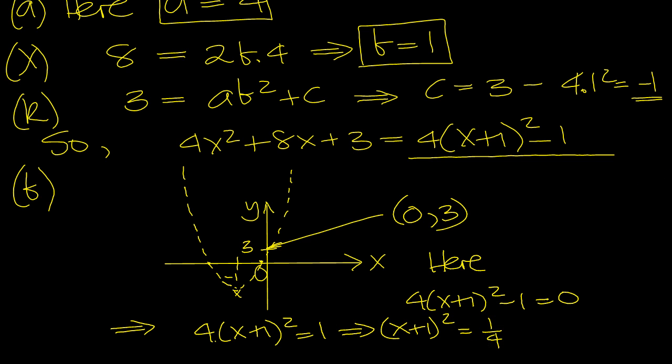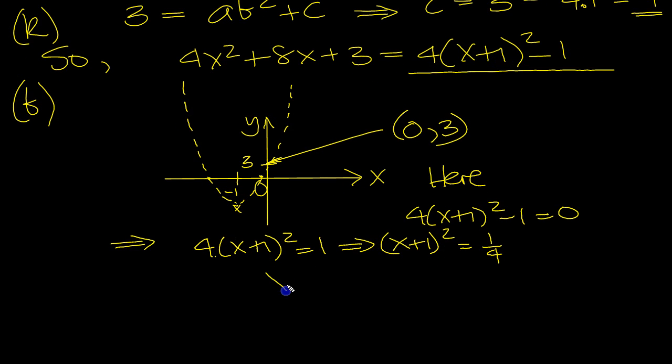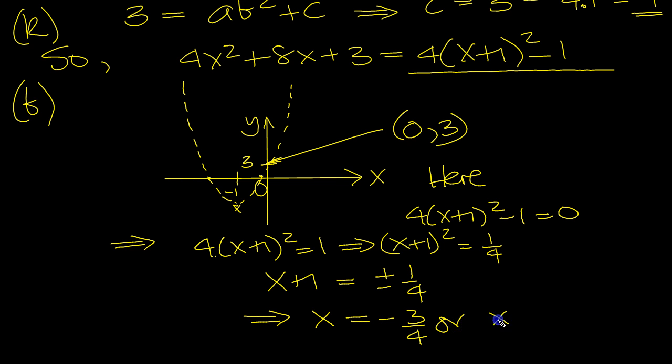Square root both sides. So that would tell us that x plus 1 is equal to plus or minus 1/4. And then move the 1 over to minus 1. So it would be 1/4 minus 1 is minus 3/4. Or x equals, move the 1 over to minus 1/4, minus 1 is minus 5/4.